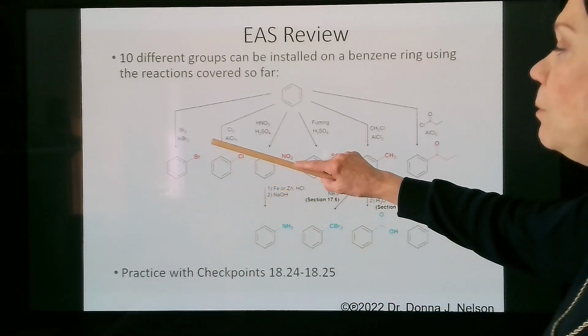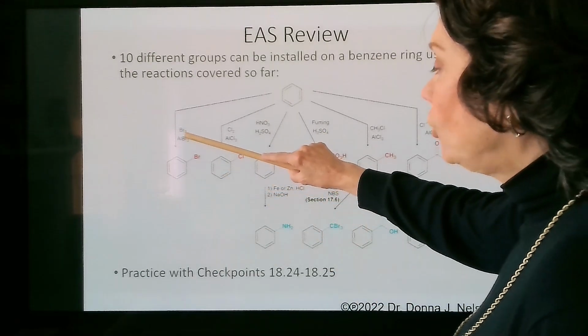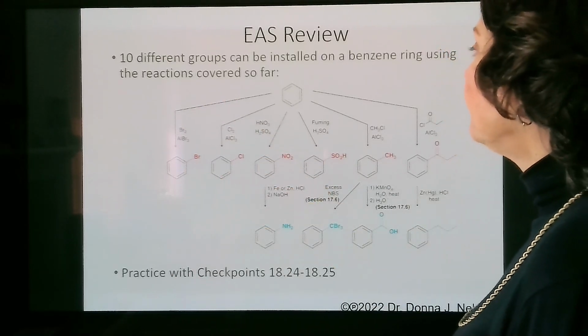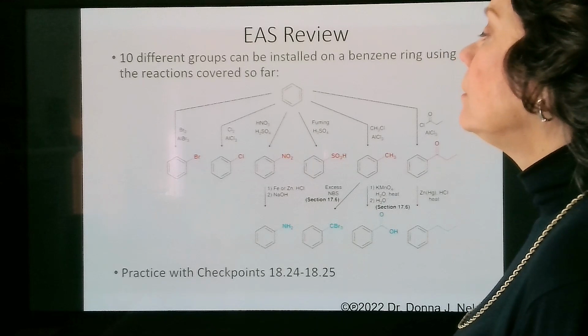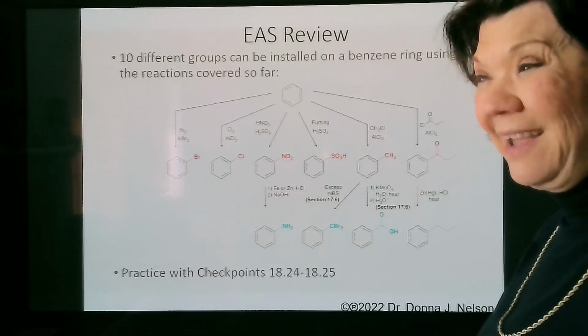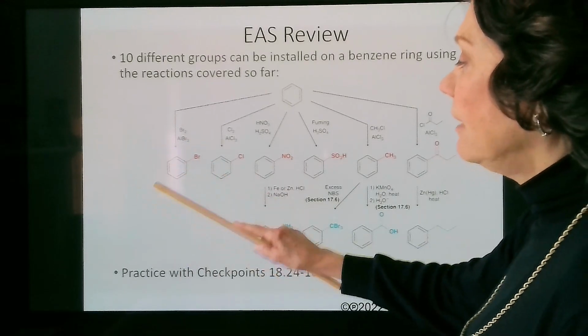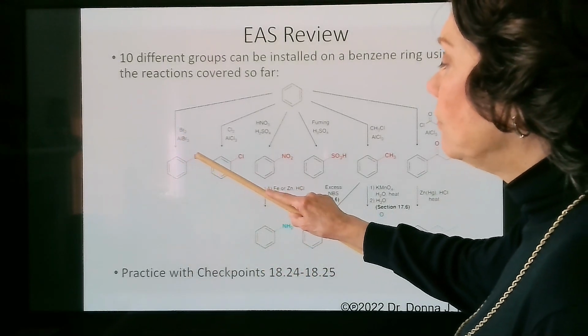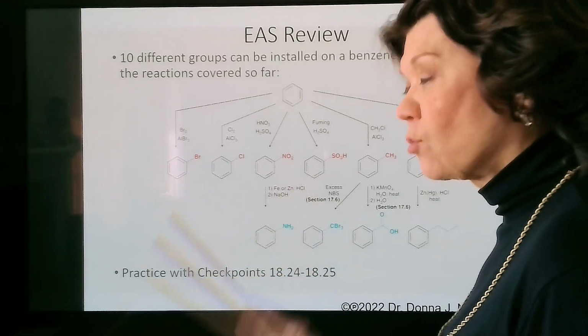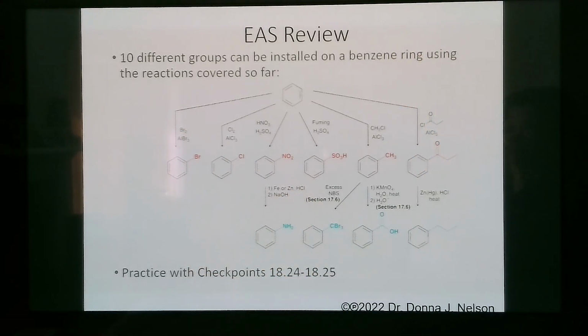You will need to be able to know the reagents that give this particular substitution, and you will need to know the electrophile that these reagents provide. So you'll need to know the reagents, the substituent that is attached, and the electrophiles. That's 3 different pieces that you'll need to know.